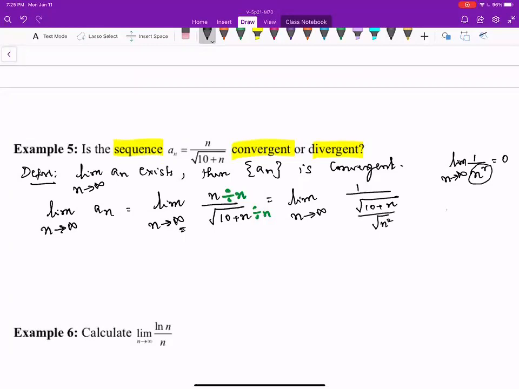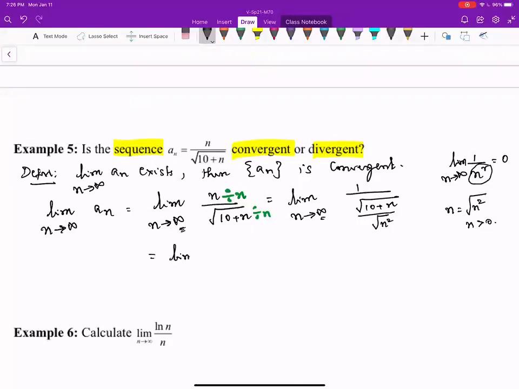We'll write n as square root of n square, and this is possible because n is only positive. Otherwise, you would have to write square root of n square as absolute n. But here n approaches infinity, so n is positive, and now it is possible to divide.